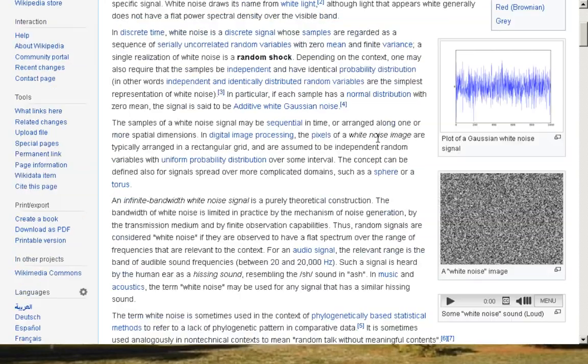Alright, so there's a good example on the right of noise and what it looks like on a scope, and what it looks like as an image, and you can do what's called a spectrogram of noise.